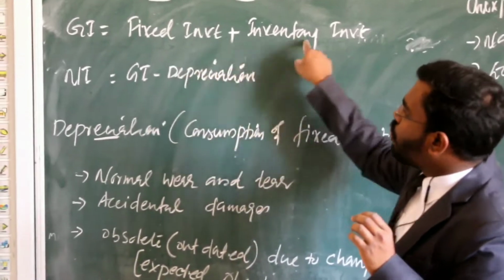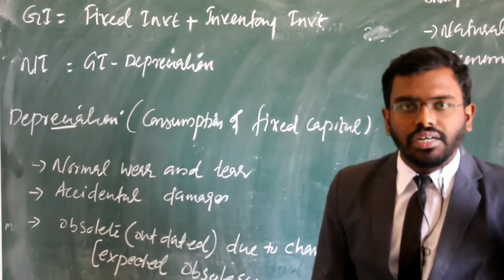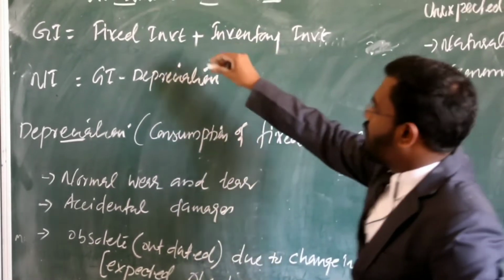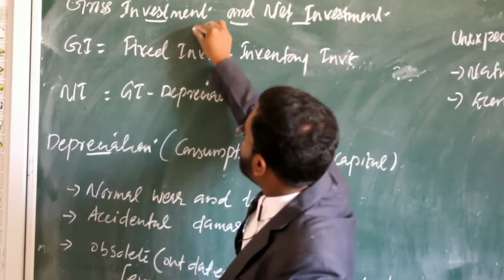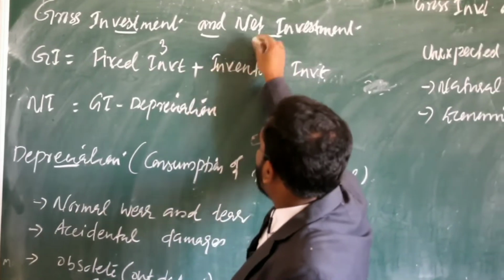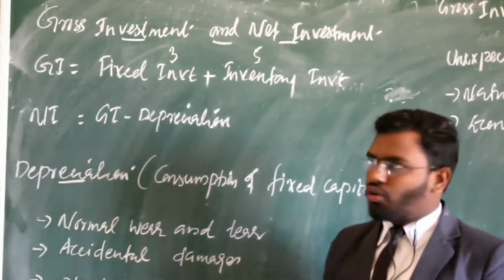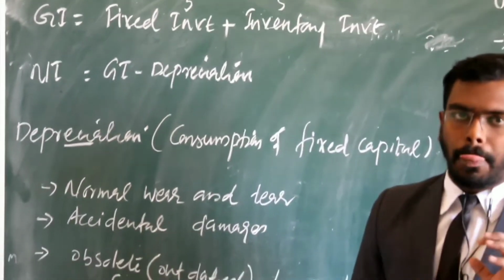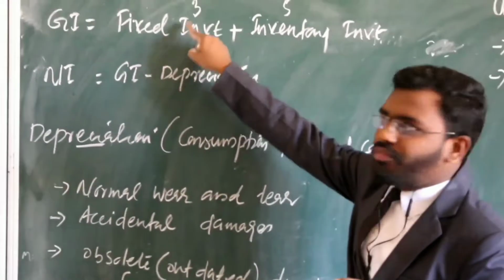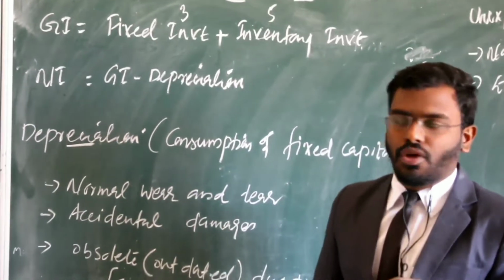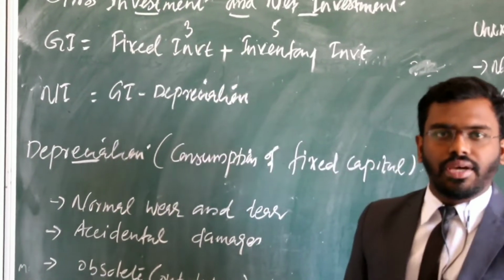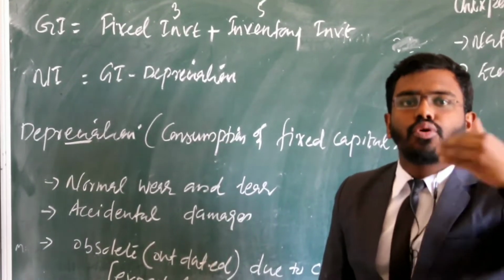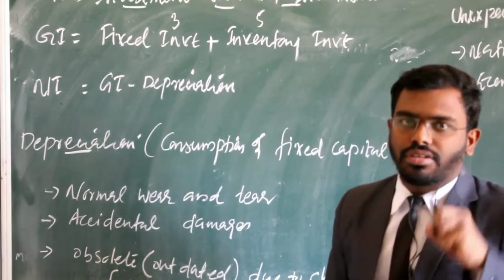So in the case of gross investment, we will not consider depreciation. For example, suppose a producer has 3 machineries and 5 inventory stores, so gross investment is equal to 3 plus 5, which is 8. But in the case of this fixed investment, its value will decrease if the producer continuously uses that machinery.